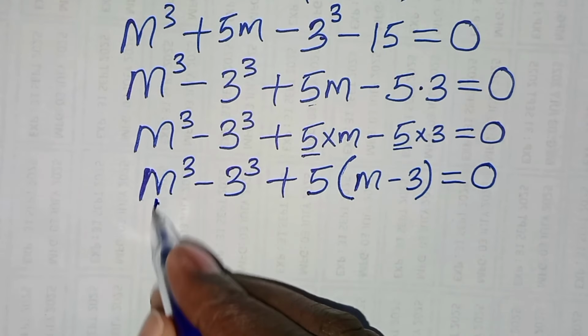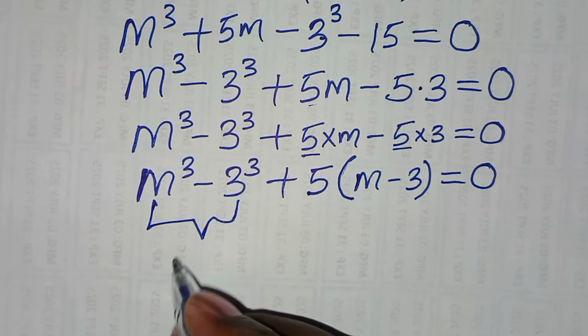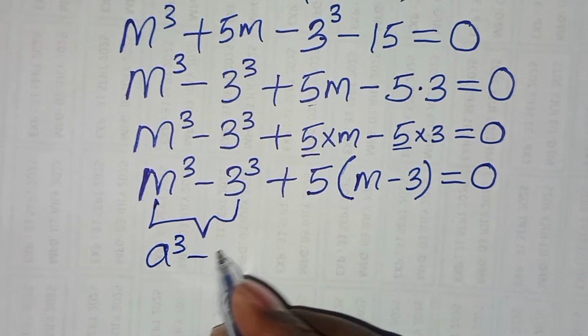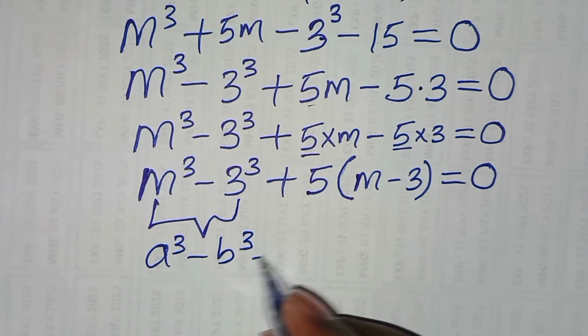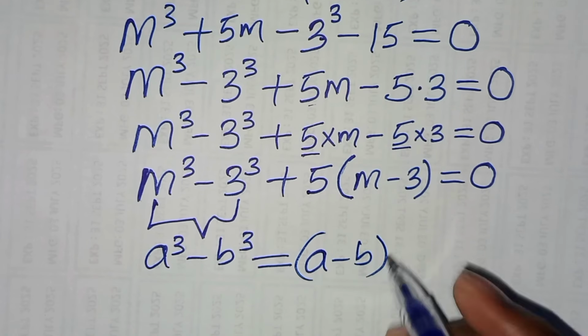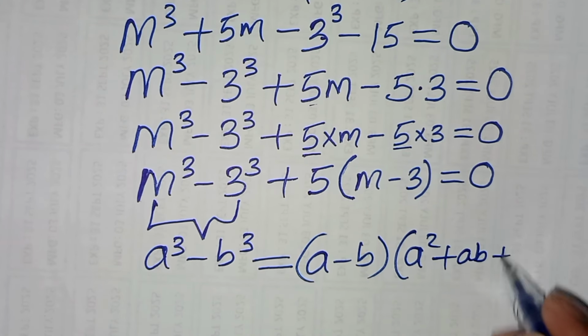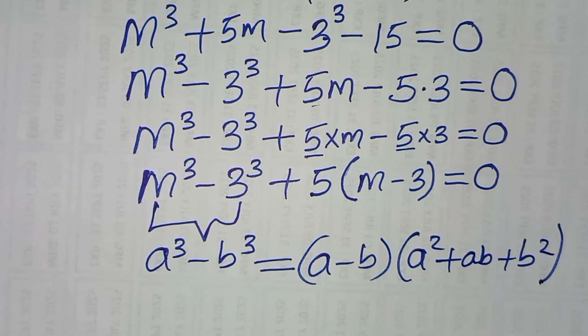Now from what we have here, this is the difference of two cubes, expressed as a cubed minus b cubed, which we can express as a minus b, a squared plus ab plus b squared.